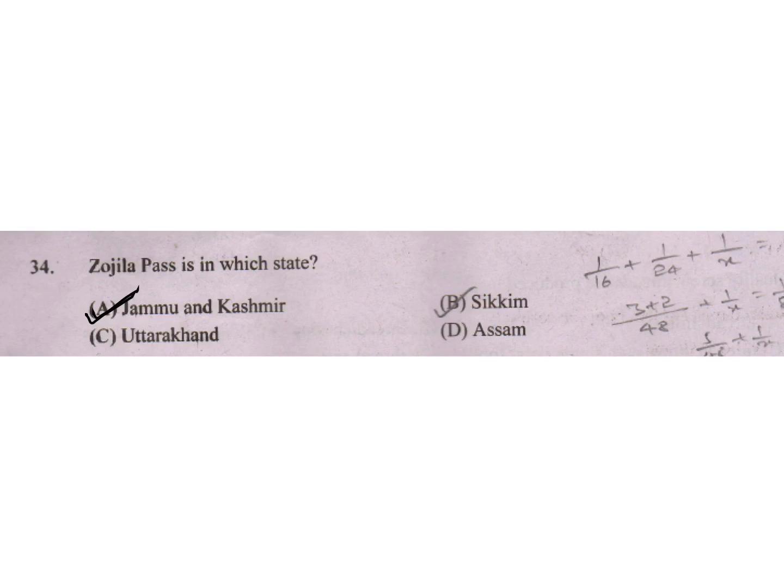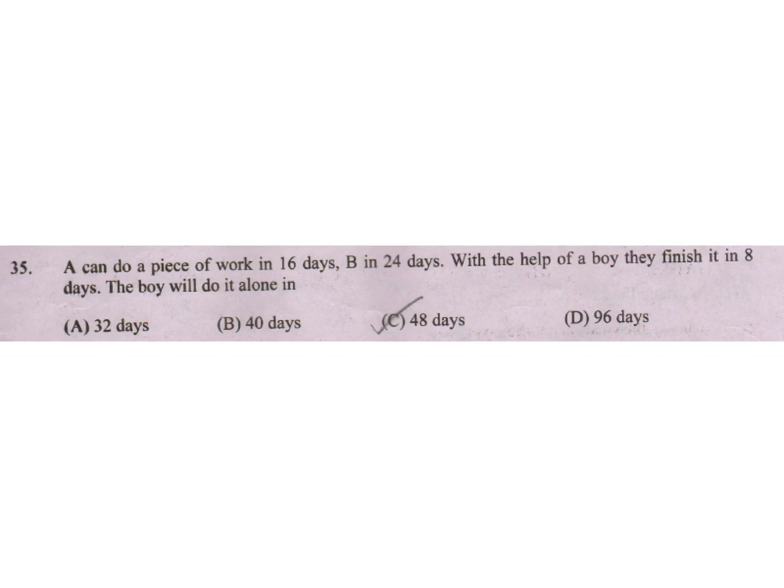Question is, A can do a piece of work in 16 days, B in 24 days. With the help of a boy, they finish it in 8 days. The boy will do it alone in how many days? So part method we will do. A in 16 days, B in 24 days.